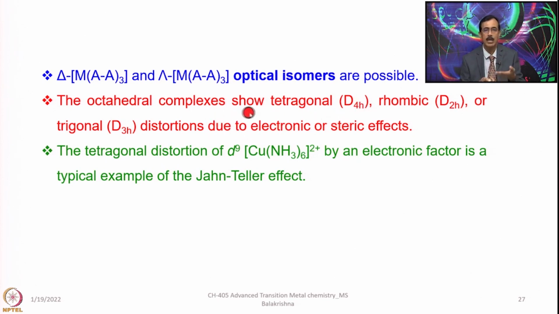Of course, we shall learn in more detail when we move on to crystal field theory at a later stage. Tetragonal distortion in copper 2+ cases, because of the d9 electronic configuration, is a typical example of the Jahn-Teller effect. I shall elaborate more about the Jahn-Teller effect in my future lectures in this series.